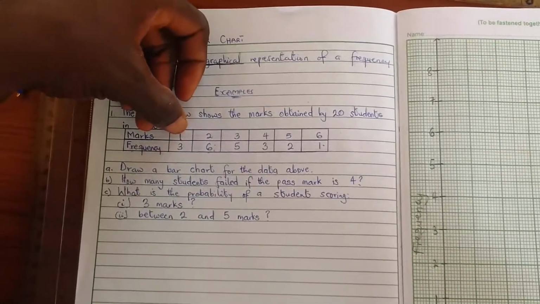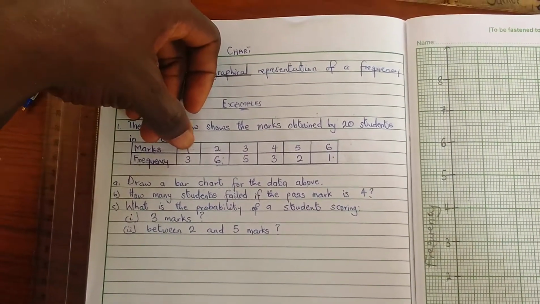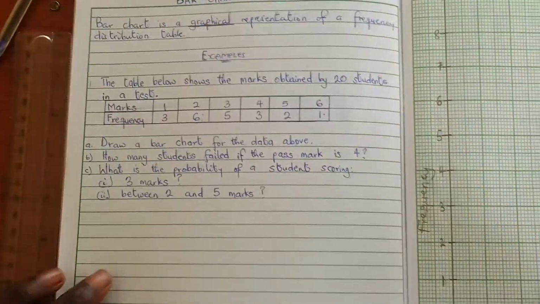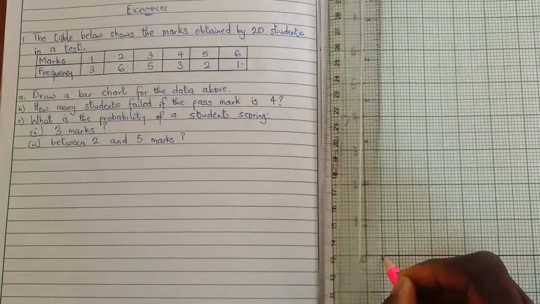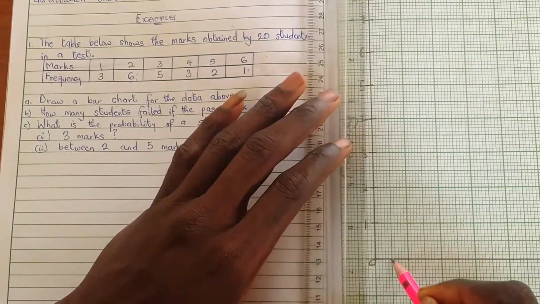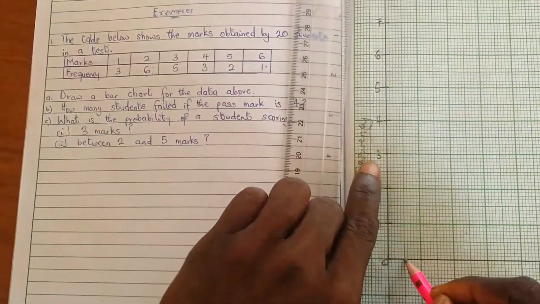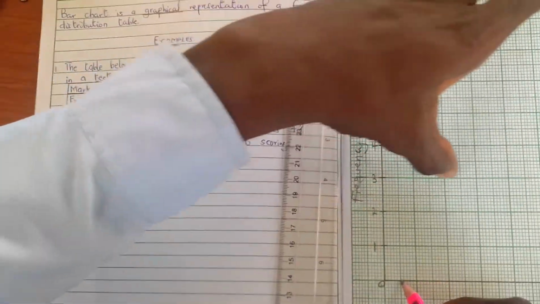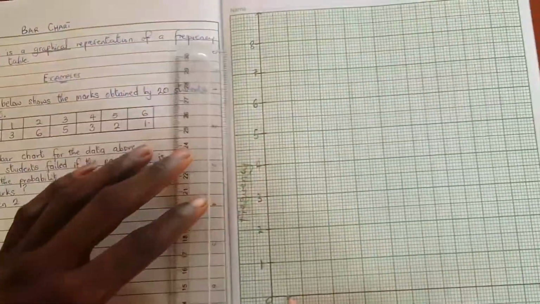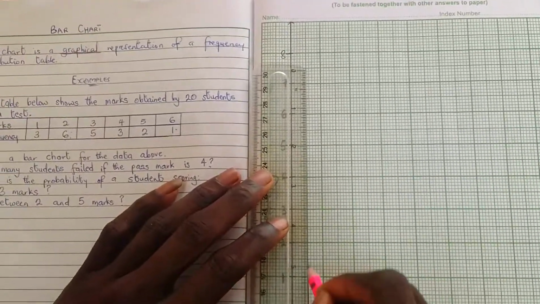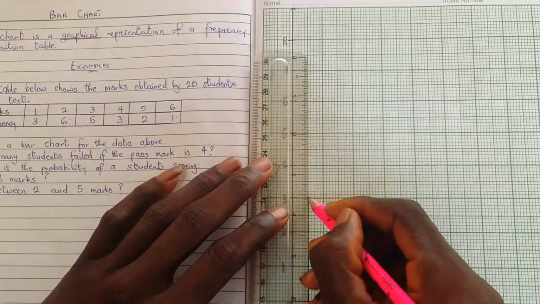So if the first mark here is 1, we are going to link this mark to its corresponding frequency, which is 3. So on the graph sheet, you take your ruler and you rule on this thin line up to 3 where you have here. So this line represents or stands for 3. So we'll be here, then we'll rule the line to 3 nicely.